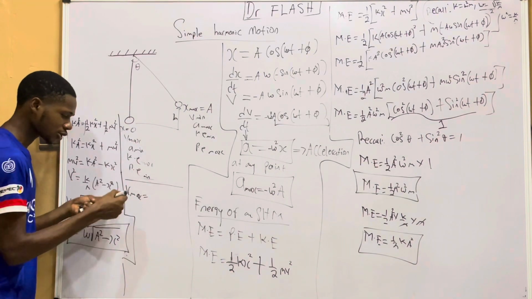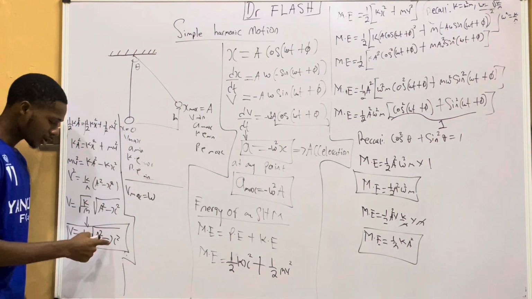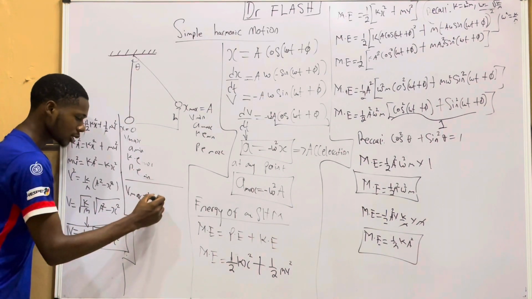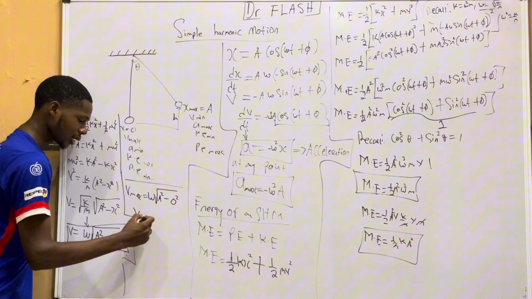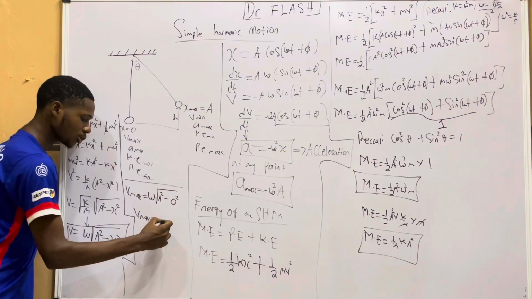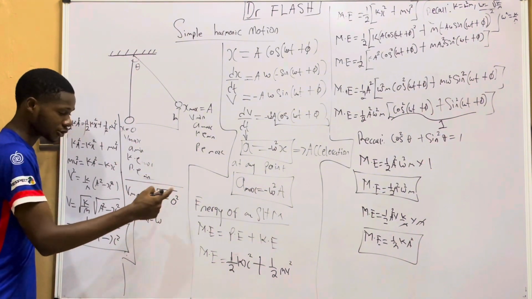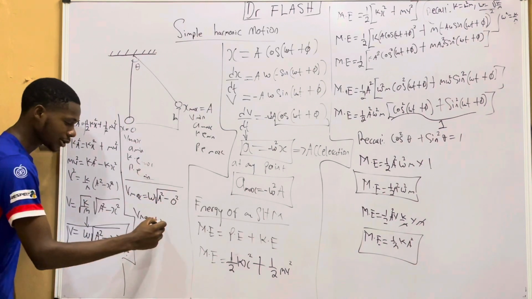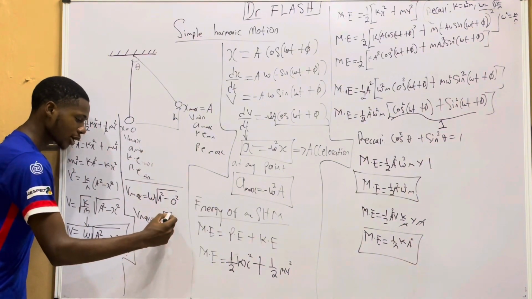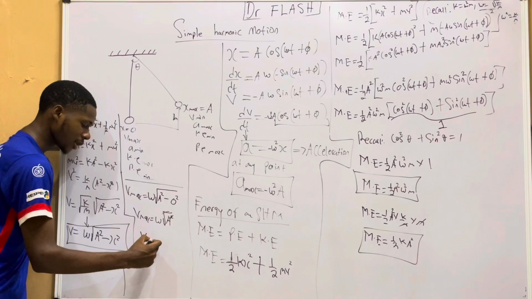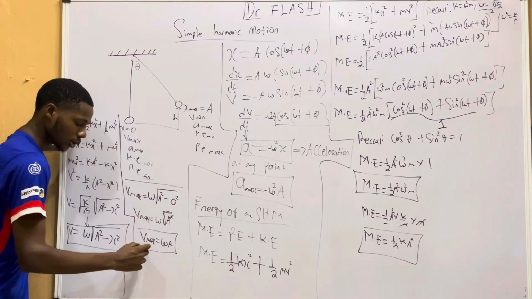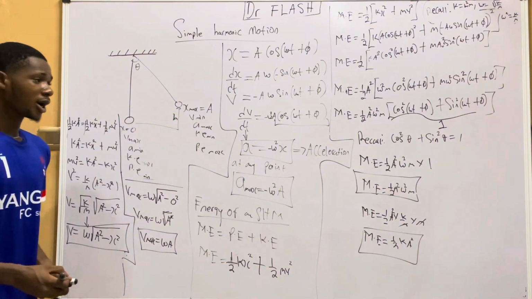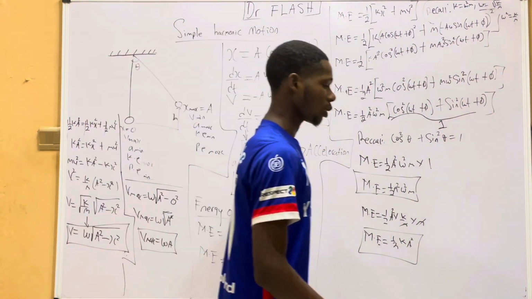Vmax becomes w times the square root of a squared minus 0 squared. 0 squared is 0, so a squared minus 0 is a squared, and I'm left with the square root of a squared. The square cancels the root, giving a. Therefore, our Vmax, that is our maximum velocity, is wA. Here is the formula for calculating the maximum velocity for a body undergoing simple harmonic motion.